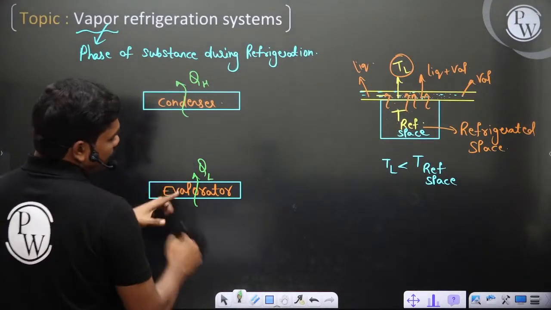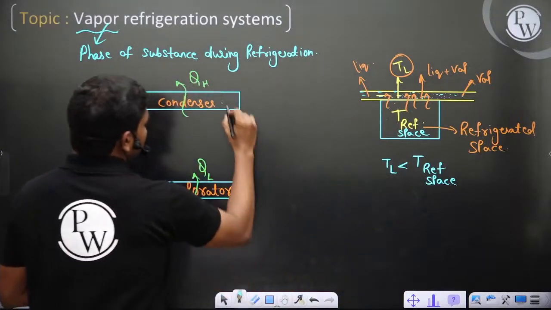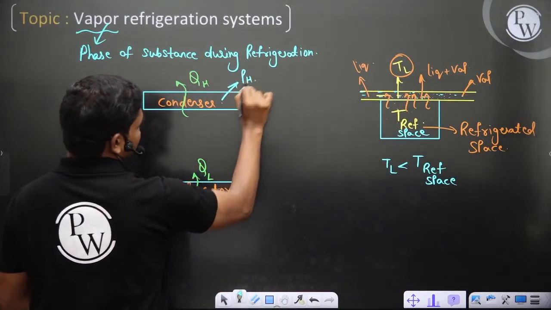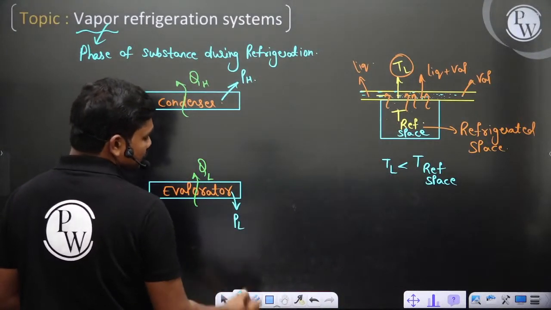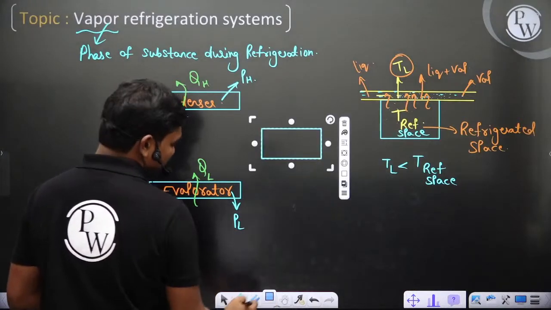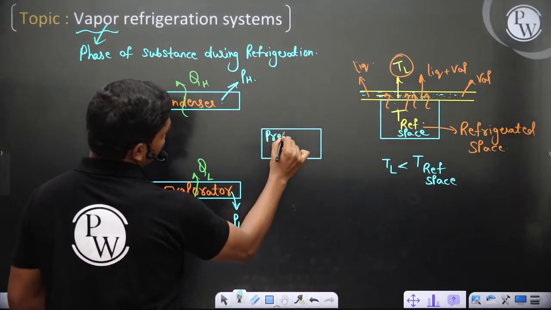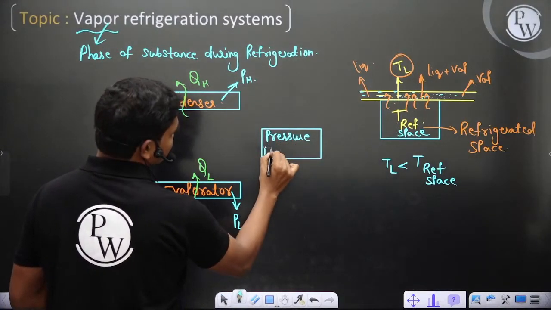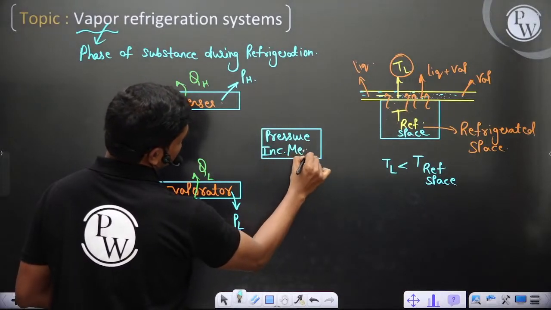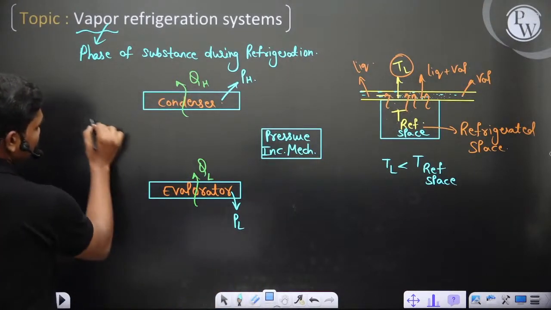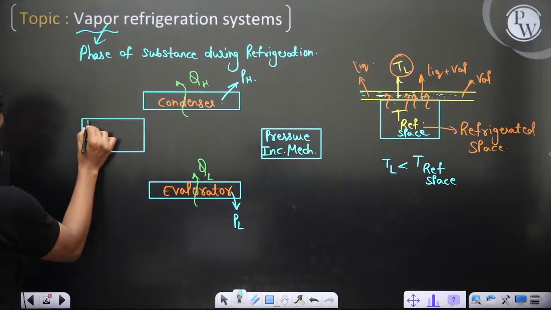Then you can see these condensers operate at some pressure and evaporators operate at another pressure. Now you have something called a pressure increasing mechanism, and also a pressure decreasing mechanism here.